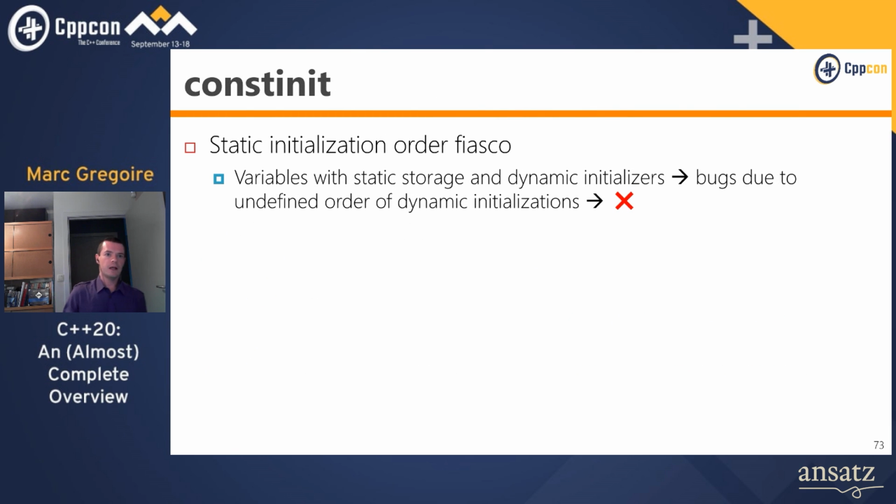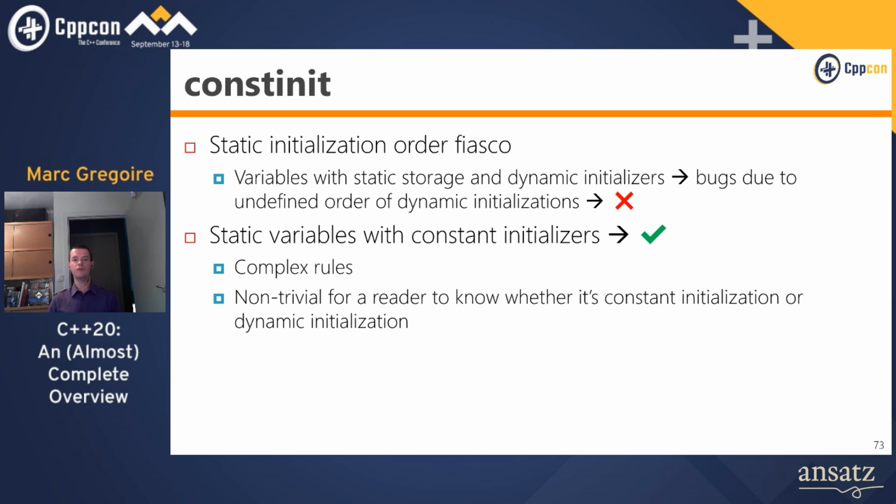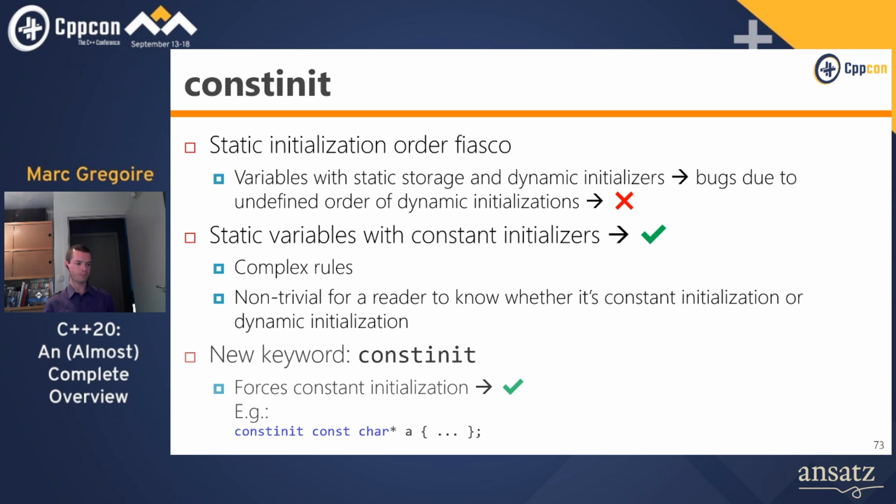So constinit helps with, well, there is this thing called the static initialization order fiasco. If you have dynamic initializers, you don't know in which order everything will be initialized, so that's really bad. If you have constant initializers, that's okay. The initializations will be okay, but there are complex rules and it's not always trivial for someone browsing your code to know whether some constant initialization is happening or dynamic initialization.